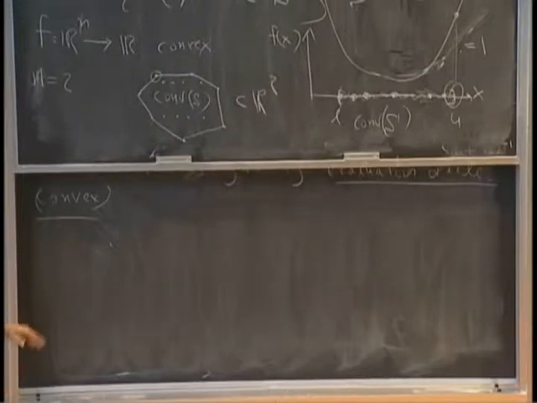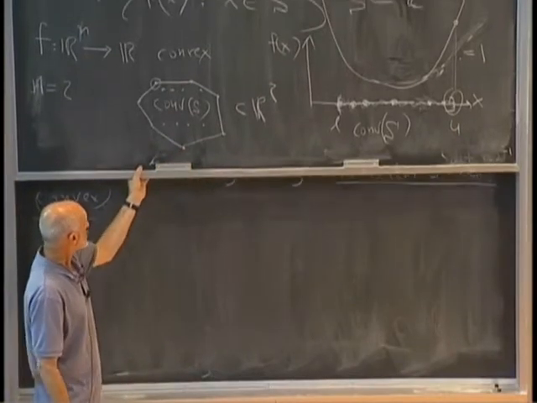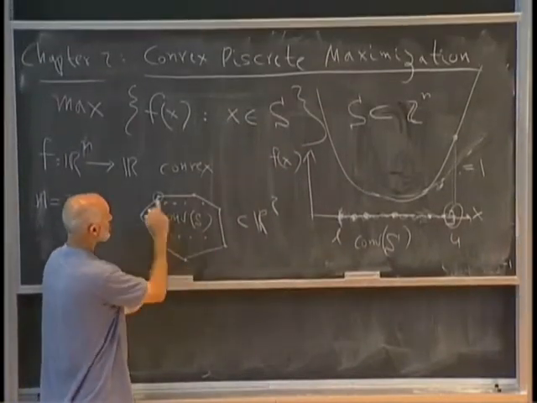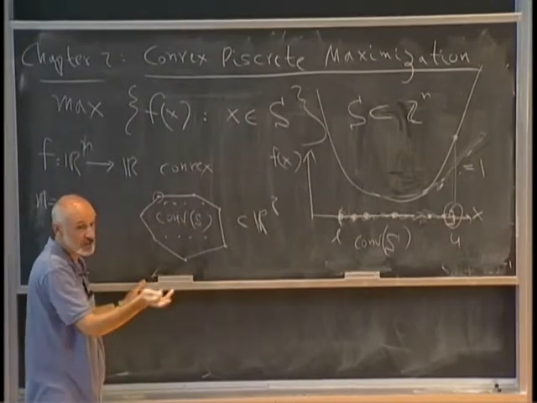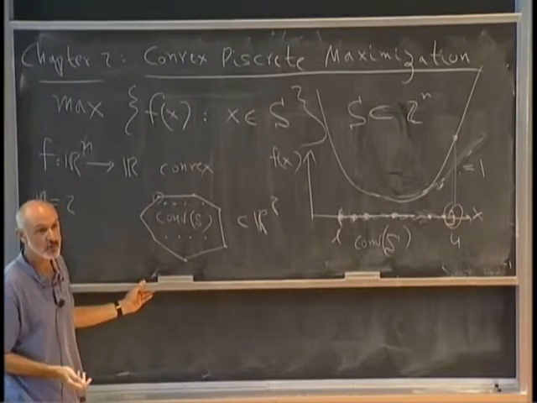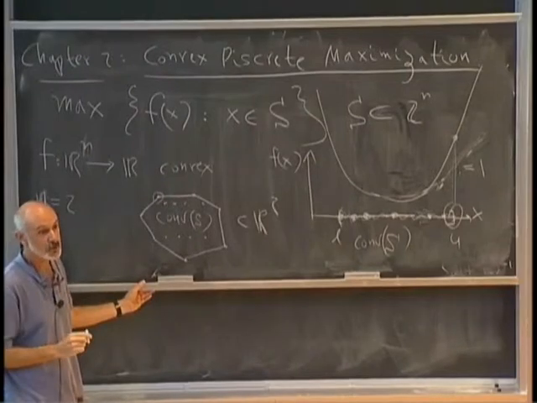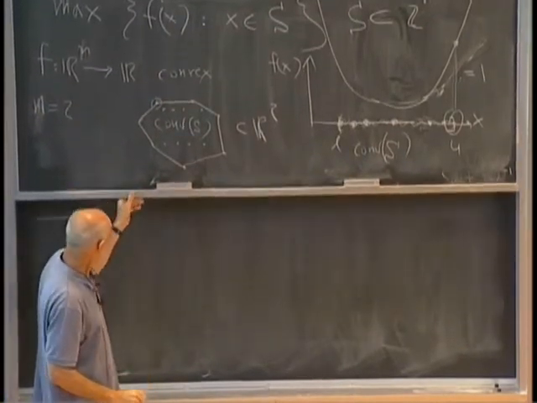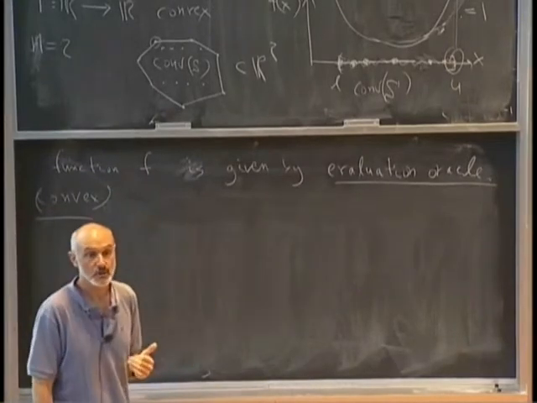And this means that if you ask the oracle questions on points of your set or other points, and let's say you ask the oracle on all points but one of them, it may be that the best value is only there. And so you missed it, and you cannot solve the problem correctly, unless you really ask the oracle on each vertex. Now this tells you immediately that in general, you cannot solve such problems in polynomial time.